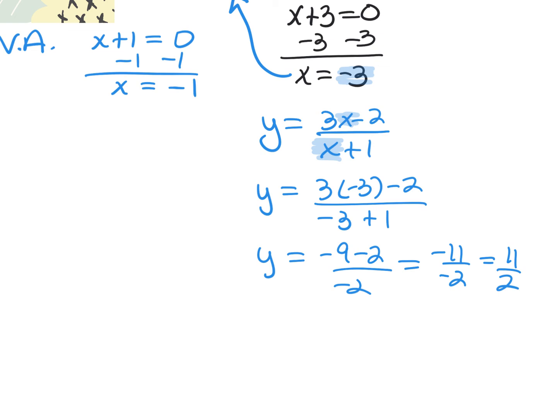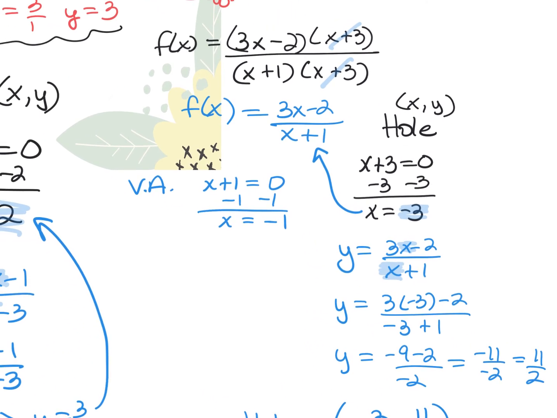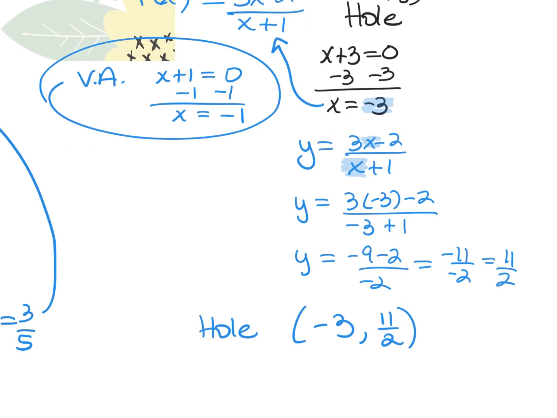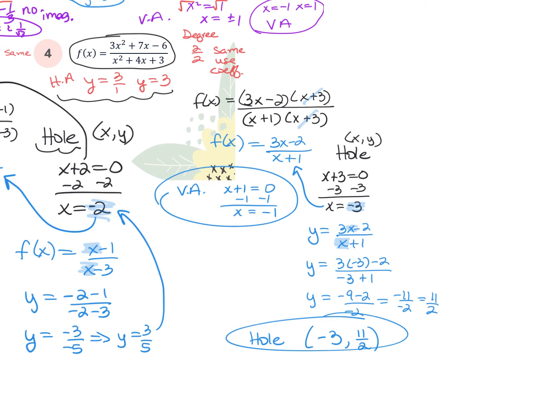All right, so my ordered pair for my hole is located at -3, positive 11 over 2. That's the location of the hole. So this is my vertical asymptote, my hole, and then the horizontal I found way at the beginning.